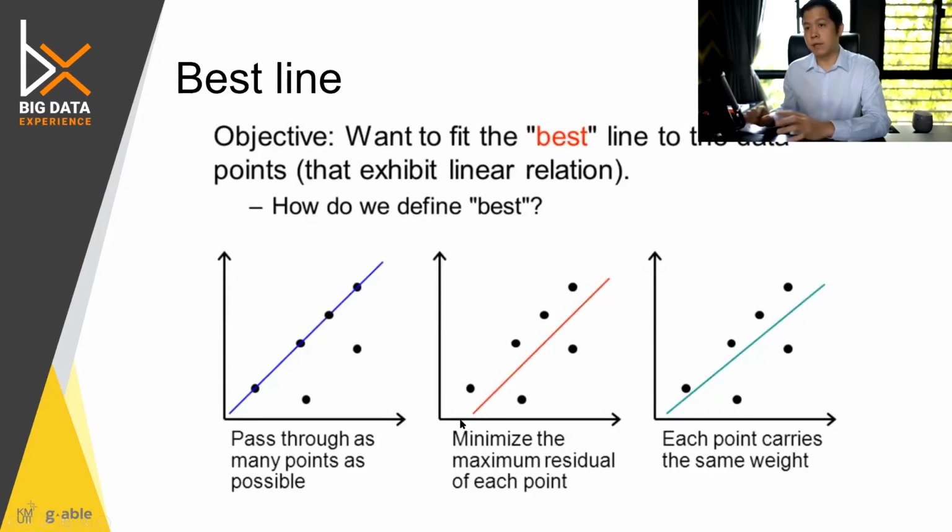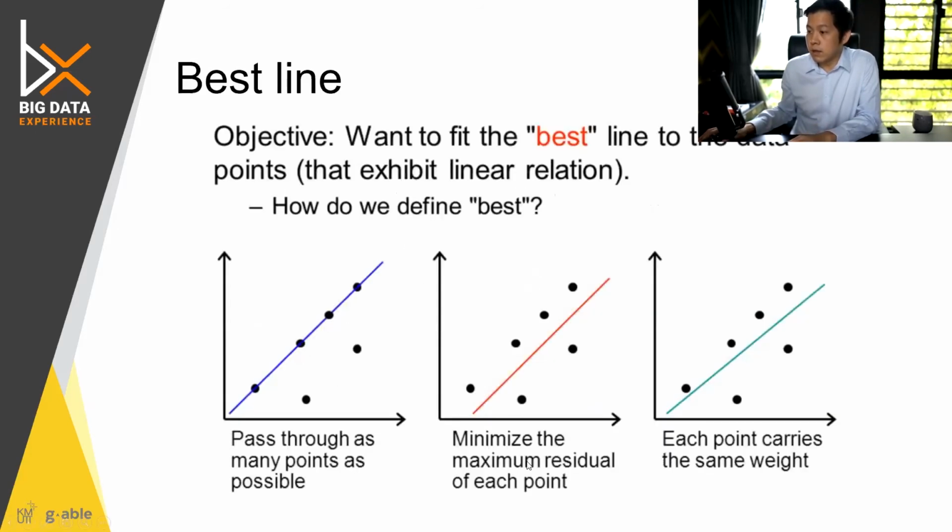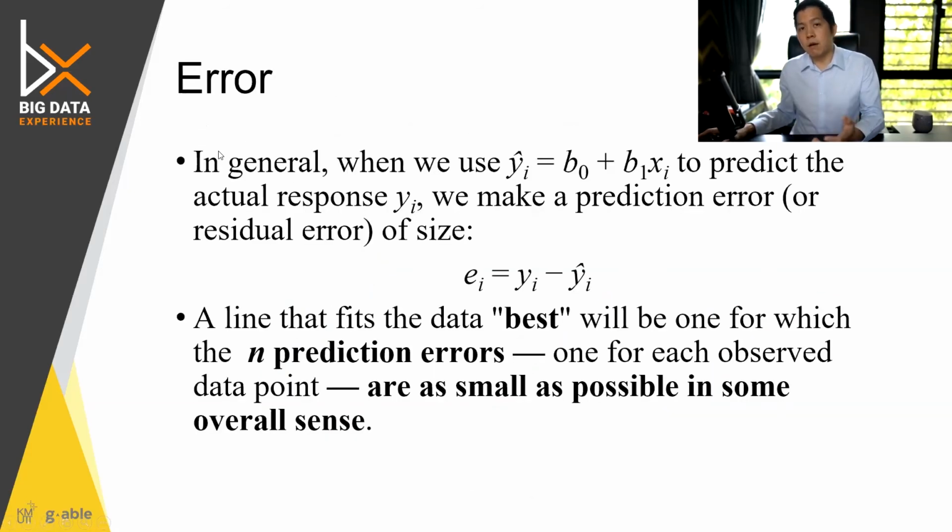So what is residual? Let's take a look at each bit first. Residual, that's spelled like this. Residual is an error of each point. So if we predict the value using this equation, b0 plus b1x, you get the predicted response yi hat.